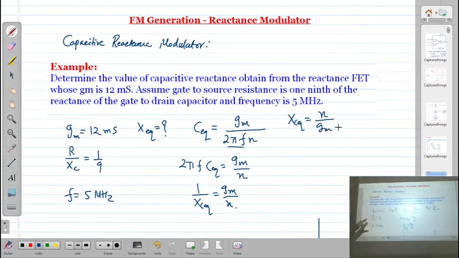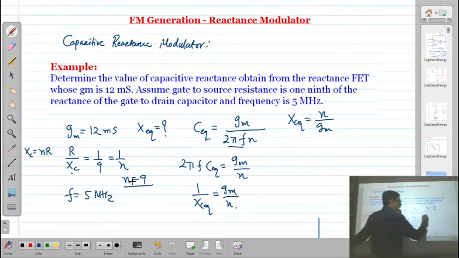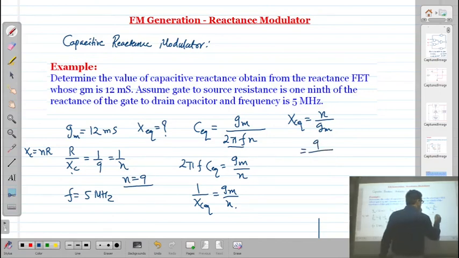And the value of N, here remember, R by Xc is equal to 1 upon 9, and that is 1 upon N. So here N will be equal to 9, because we know this relation that Xc is equal to N times R. So R by Xc will be 1 upon N, so N is equal to 9, and therefore this is 9 divided by 12 into 10 to the power minus 3.